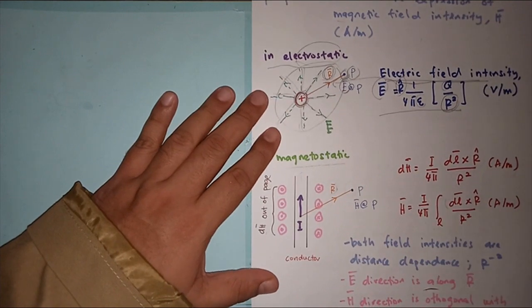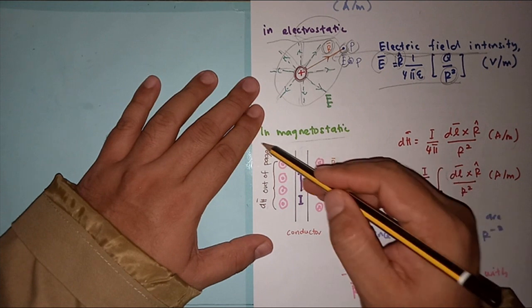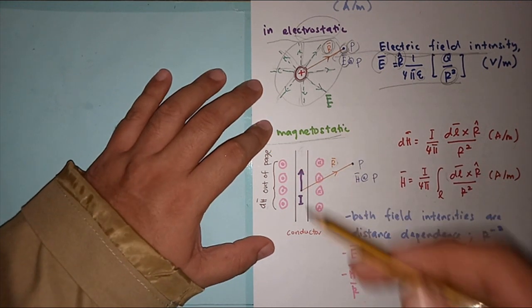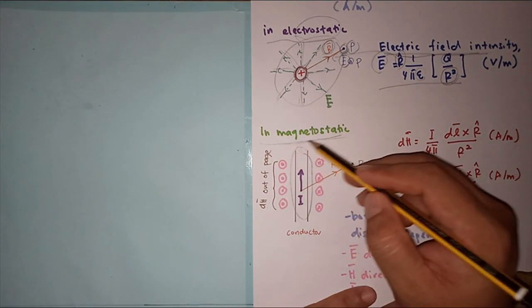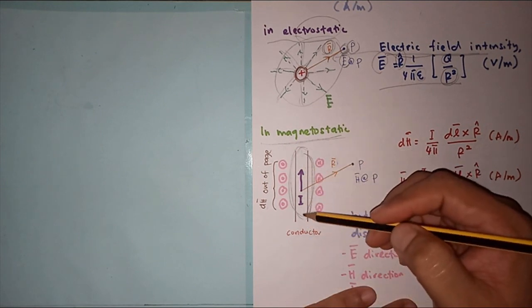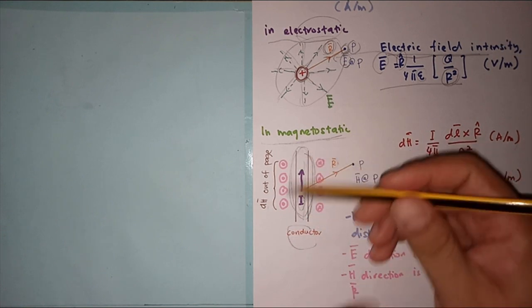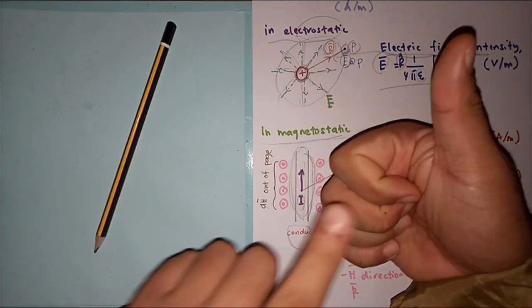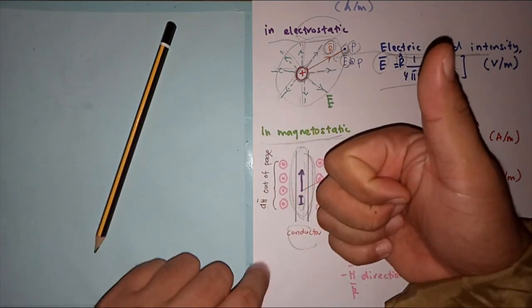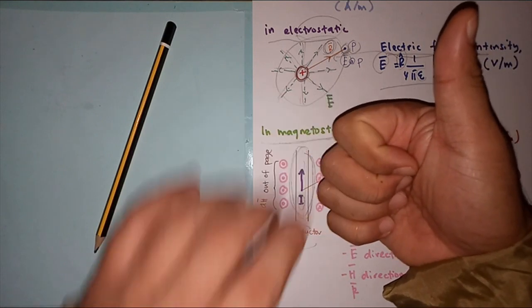Alright, similarly in a magnetic field, particularly in magnetostatics, the source of the magnetic field comes from a current. Let's say we have a current flowing inside the conductor in this direction. By using the Grab's right hand law, the thumb refers to the direction of the current, and our four fingers represent the direction of the magnetic field induced.